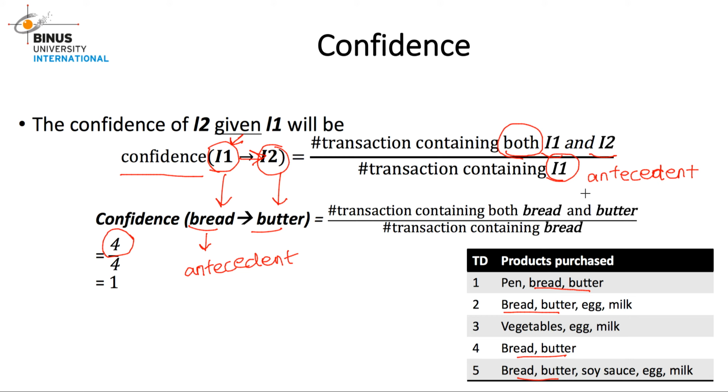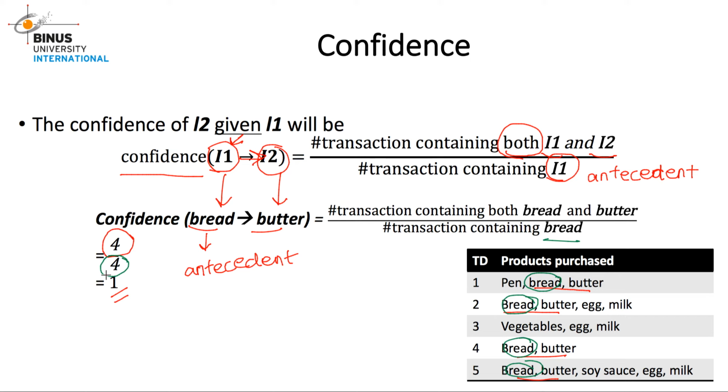Okay, we can see bread only: 1, 2, 3, 4. So we have 4. Yeah, this one. So if we calculate 4 out of 4, 4 over 4 equals 1.